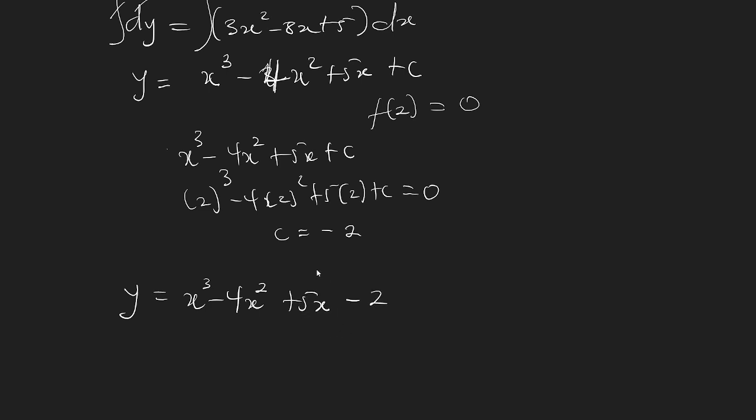When I differentiate this, it gives me the gradient function we had in the question we were given. So this becomes the equation of the curve. So that is that. Thank you for watching.